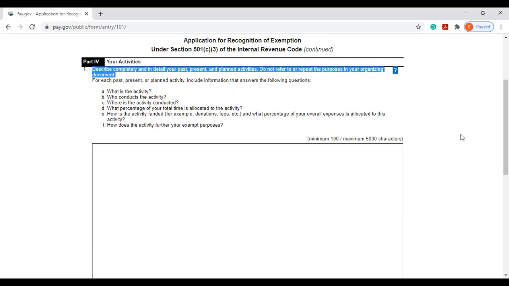So the direction here is not to say, well, refer to the purposes in my organizing document. Don't say that here, or don't repeat what you've already put in your organizing document.